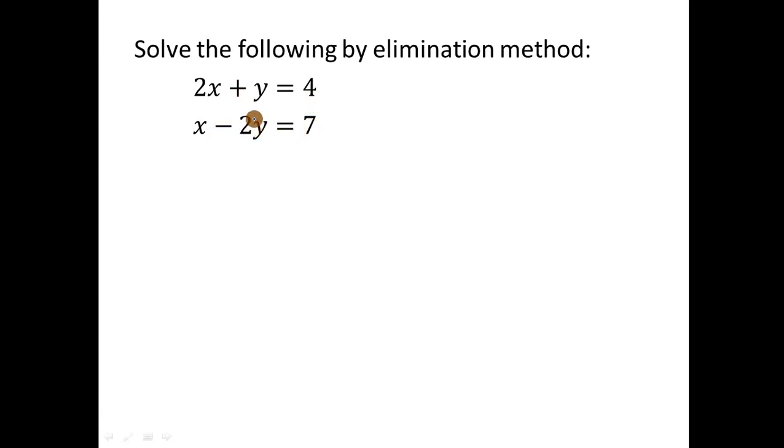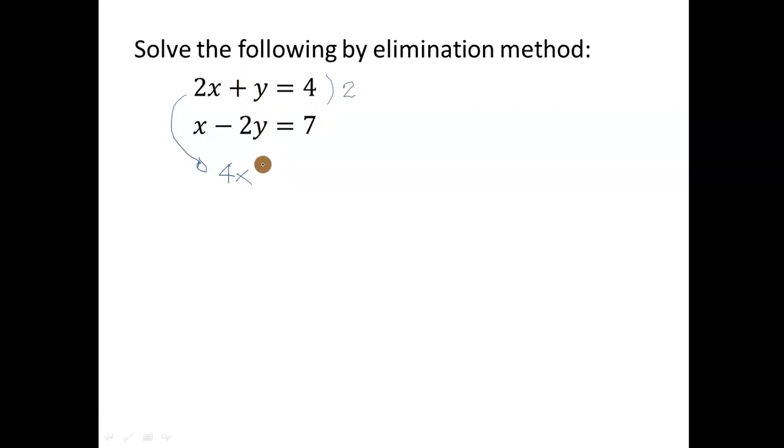So for this particular problem, we have to multiply the first equation, this one here. We will multiply this by 2. Okay? So by multiplying this by 2, this equation here will become 2 multiplied by 2x is equals to 4x. 2 times y is equals to 2y.